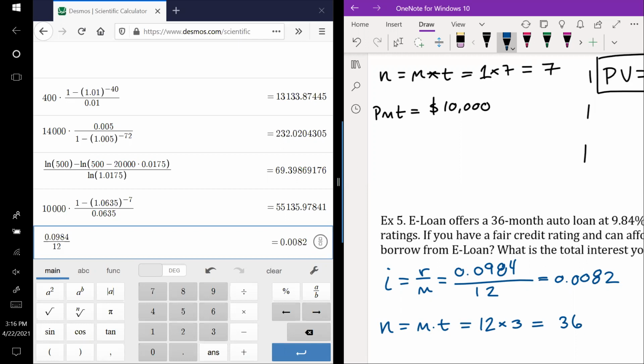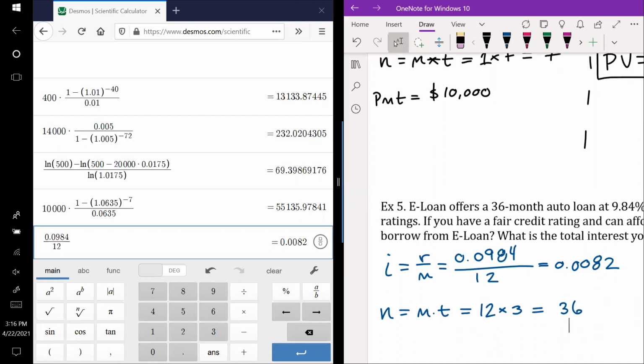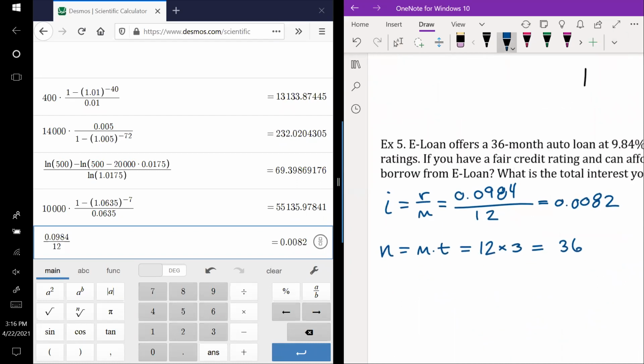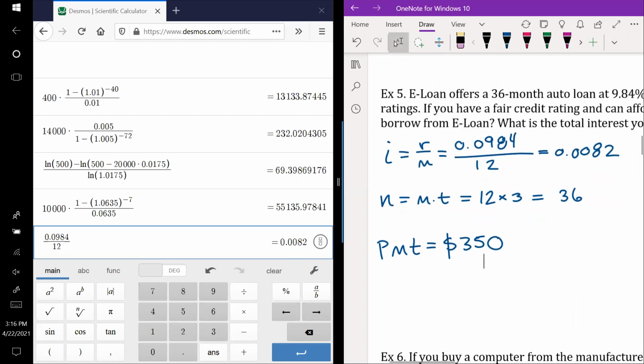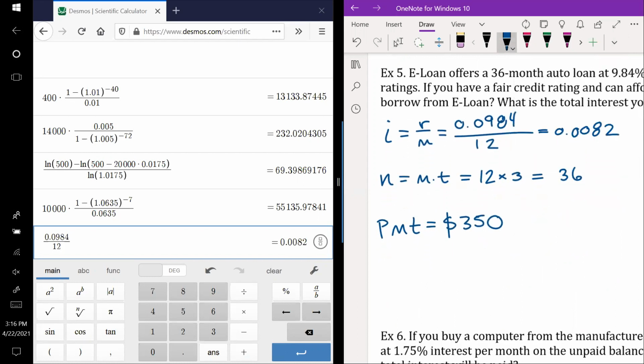So we actually had N already. Then next is payment, and we want to see if we can afford monthly payments of $350. So we have I, we have N, we have payment. So let's go ahead and find present value, which is what we're looking for.